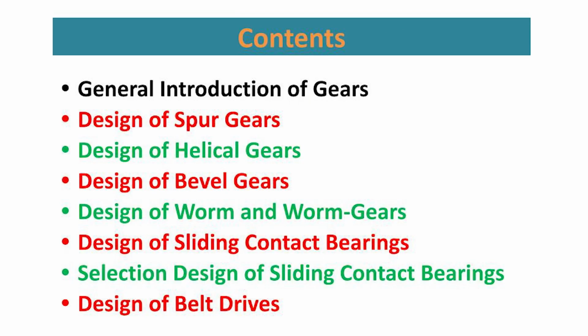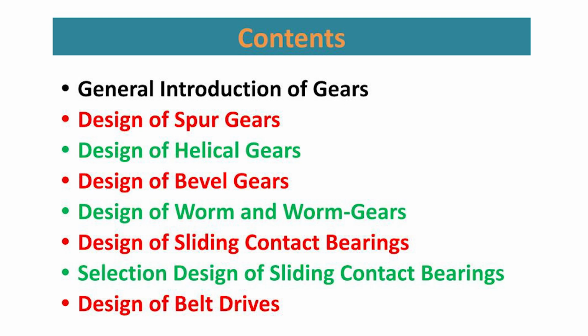In this lecture series, we will study different transmission elements such as gears, bearings and belt drives. In gears, we will study first the introduction of gears, and then the design of spur gear, helical gear, bevel gears, and worm gears.